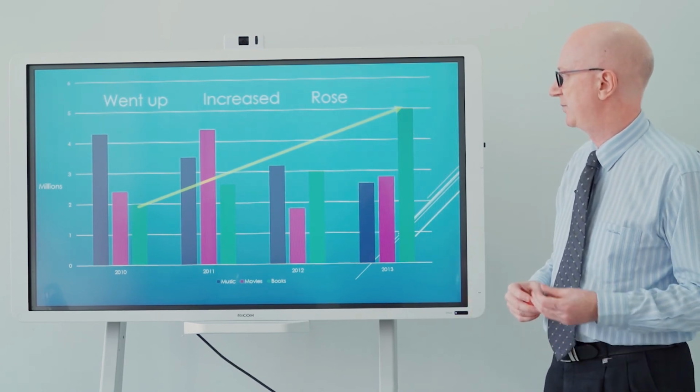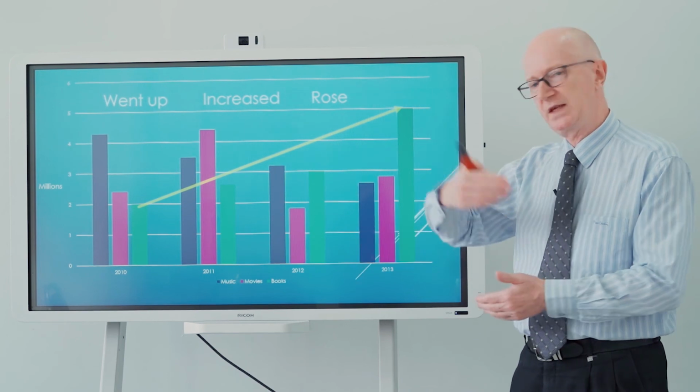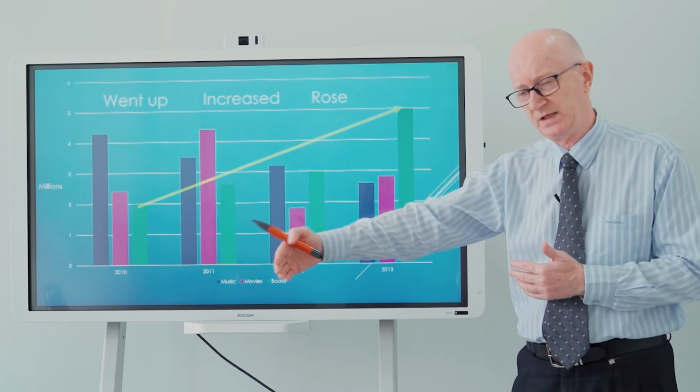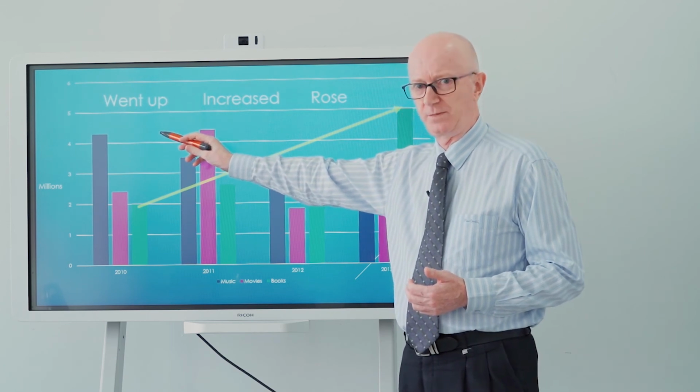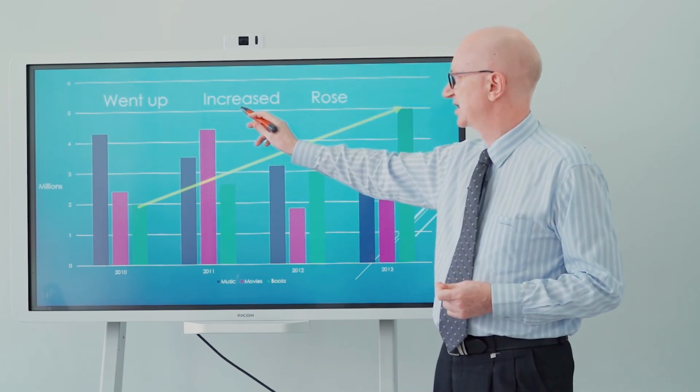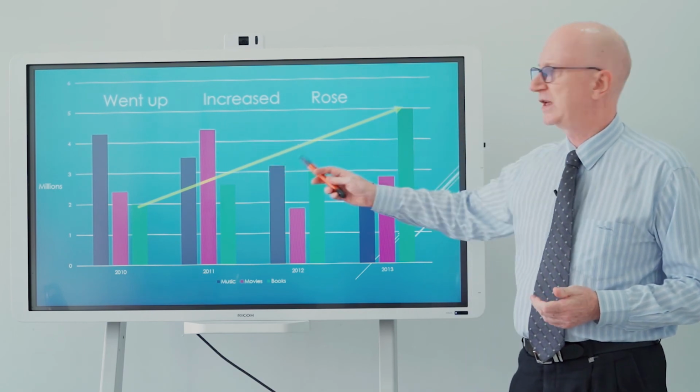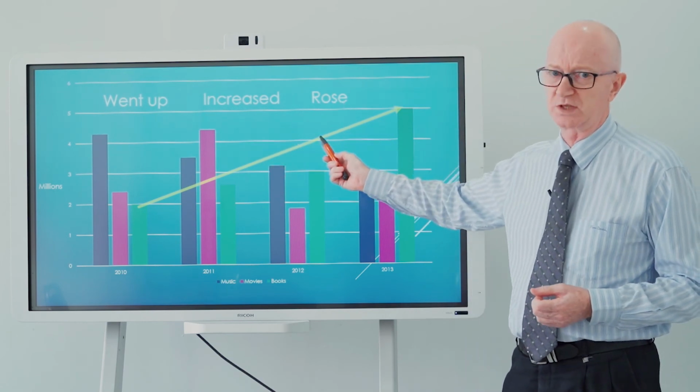How do we describe this? 2010 to 2013 is in the past, so we could describe this as went up. We could say sales increased, or sales rose.